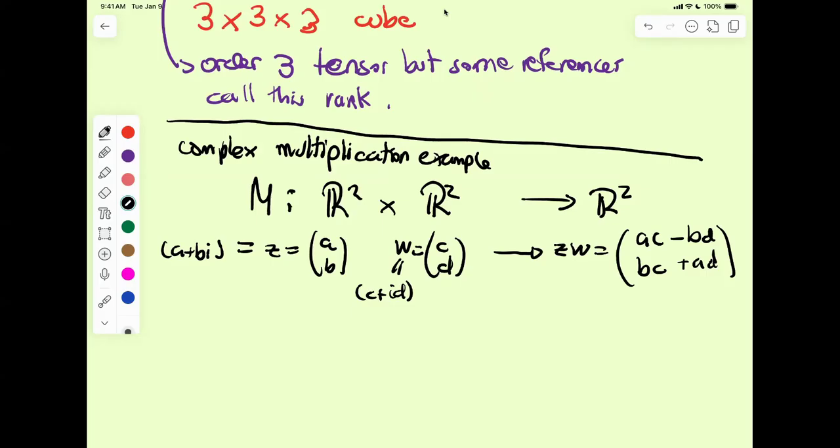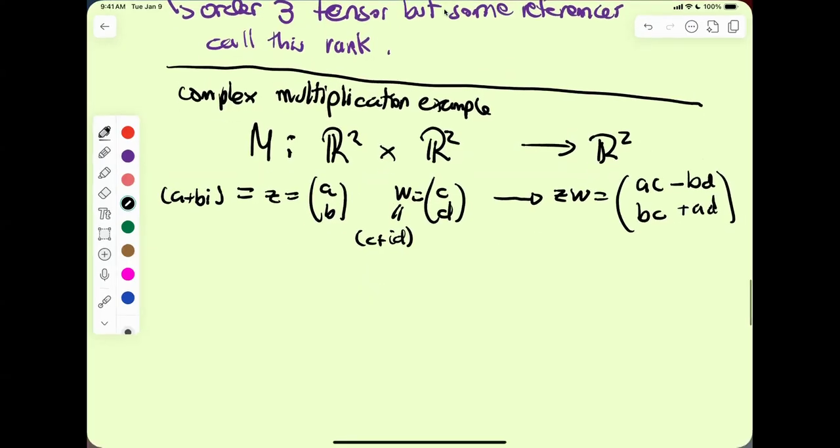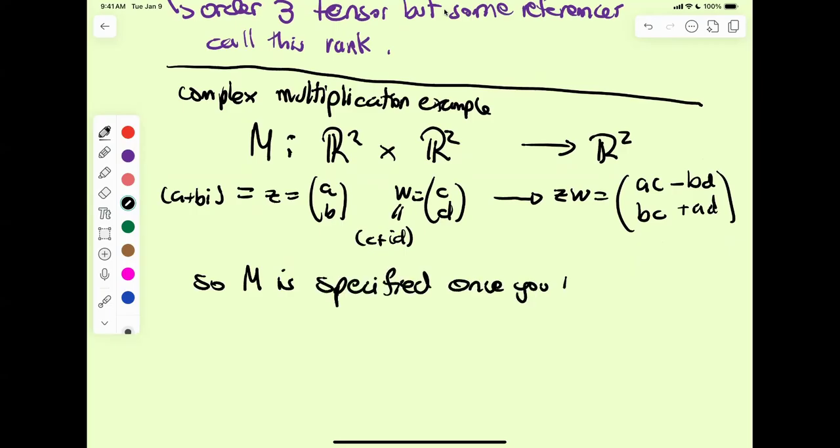Okay, and so again, the point is that this multiplication is fully specified because it is bilinear. It is fully specified by what it does on the basis of R2. So M is specified once you know M of e_j, e_k, where j and k go from 1 to 2.